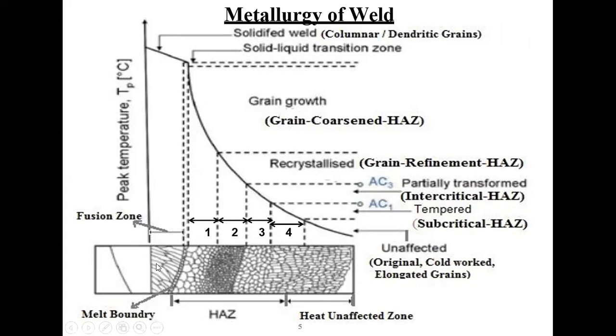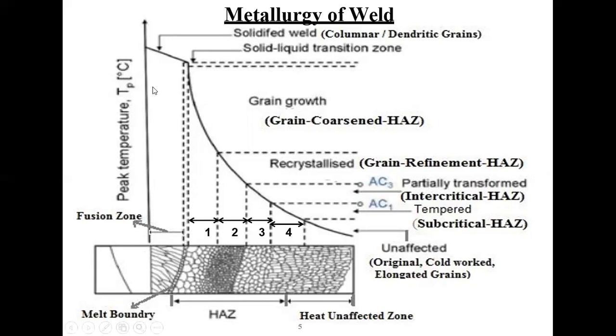If we take the cross section of any part and see the microstructure in a microscope, then we can see this type of structures after a welding. This is the total fusion zone we can see in this picture, and around this fusion zone we can see the heat affected zone. Here 1, 2, 3, 4 separate zones are there. These are not important according to your syllabus.